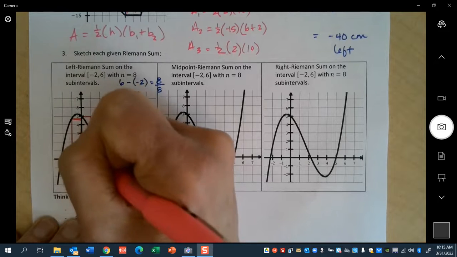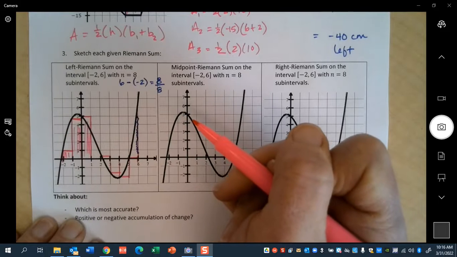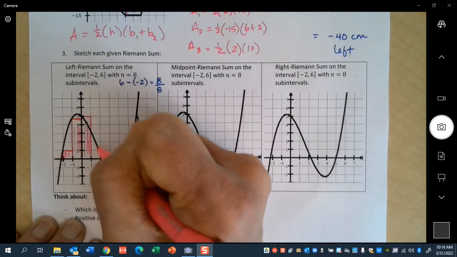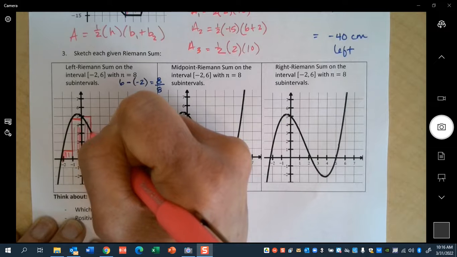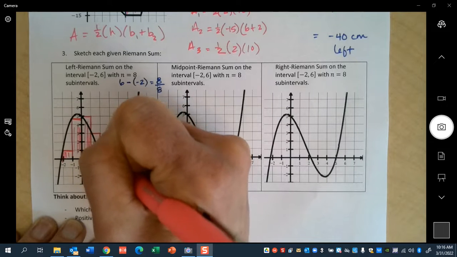So this rectangle and this rectangle and this rectangle. Oh, I forgot this one.